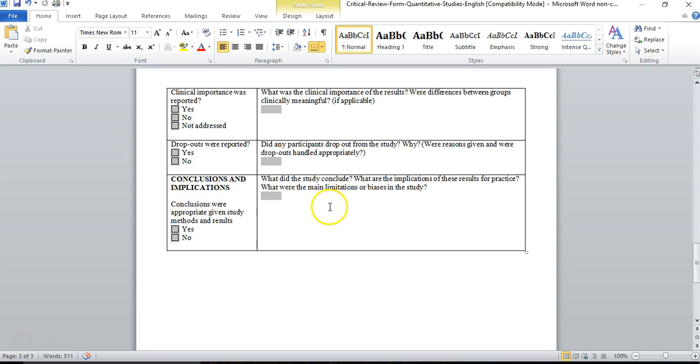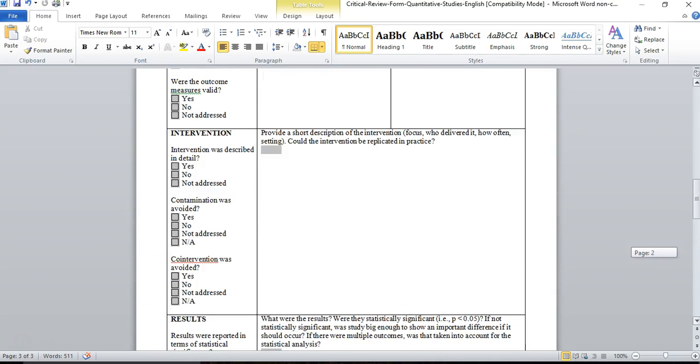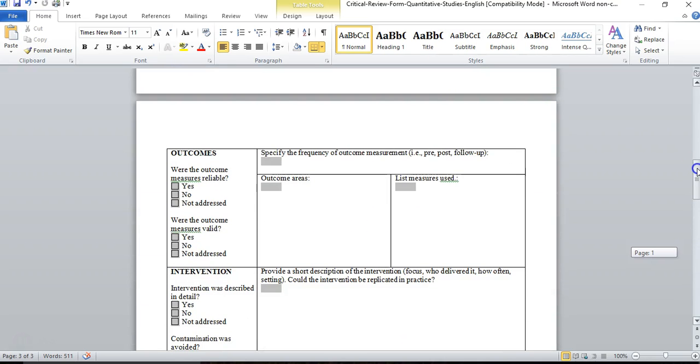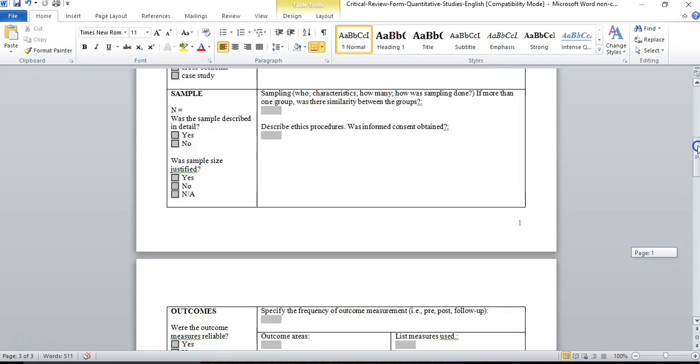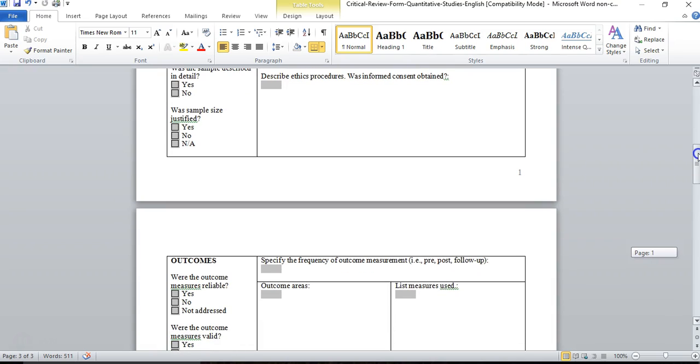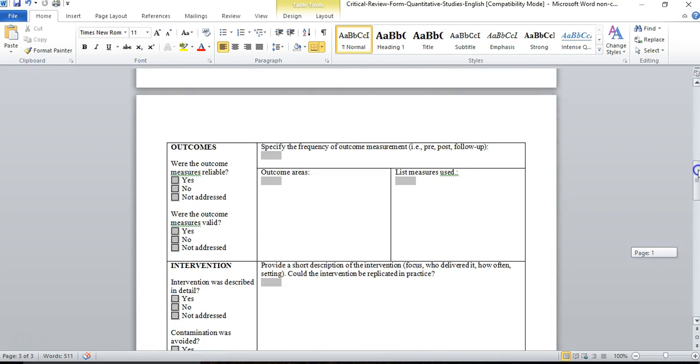Conclusions and implications, you're already going to know that. So I encourage you, when I had to do this, all of my critical review forms ended up being like 3 or 4 pages total apiece. But that made my life that much easier when it came to writing the actual paper.